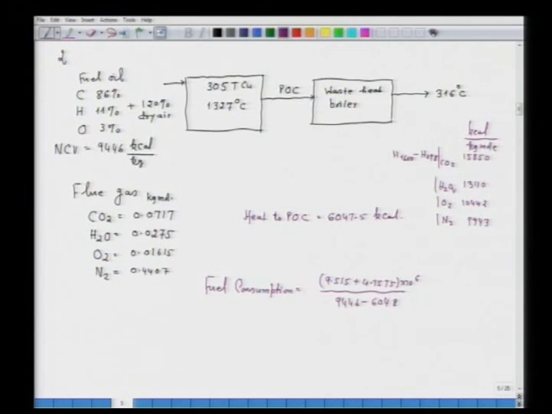Now, this value of 9.515 that is coming, we have to first of all calculate how much amount of it is required to bring copper from 25 degree Celsius to 1327 degree Celsius.